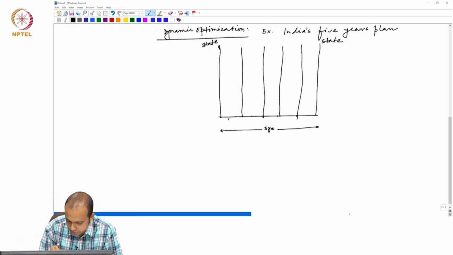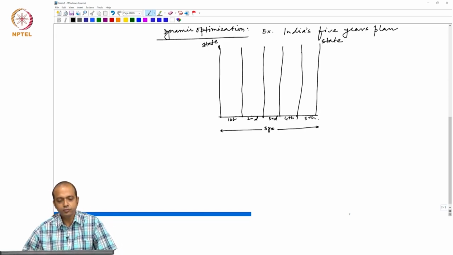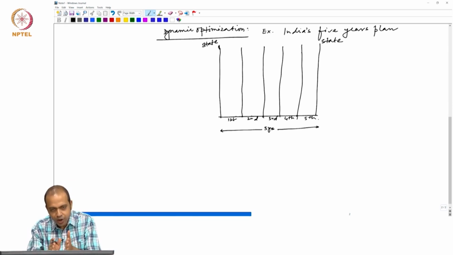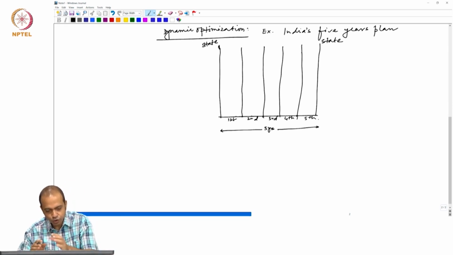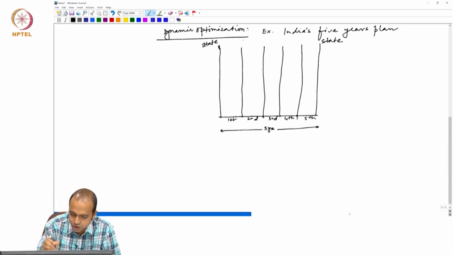So, this is the first plan period, this is the second, third, fourth and the fifth. I have divided these 5 years into small 1 year periods. This is called the initial period.